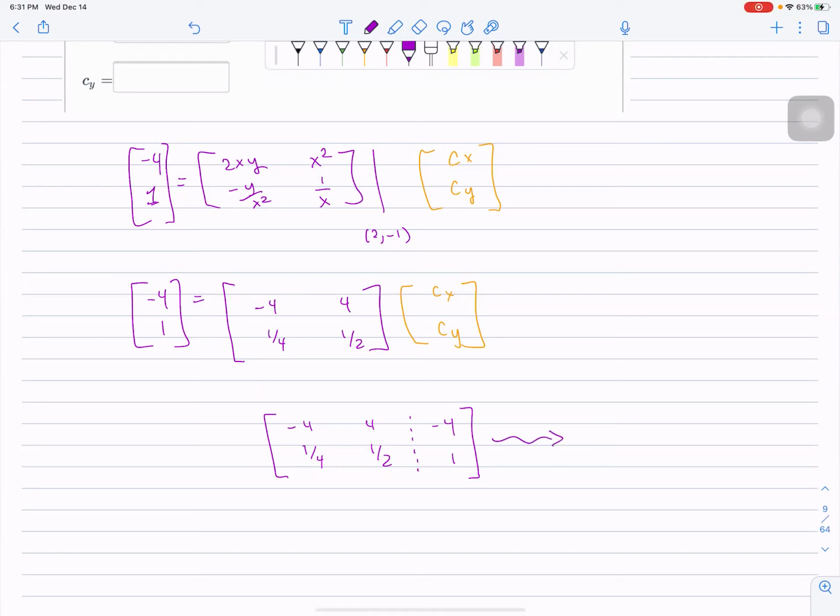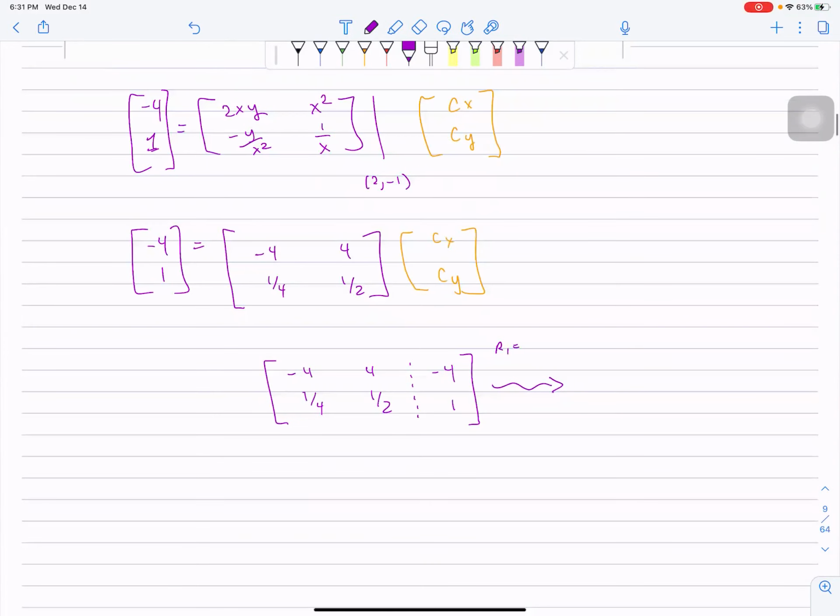So the common thing to do in row reduction is I want to get a 1 in this top left-hand corner, and then everything should be nicer. So let me multiply R1 by a fourth. So I get 1, 1/16, -1. I can multiply the second row by 4, because I want to get rid of this 1/4 and make it 1.